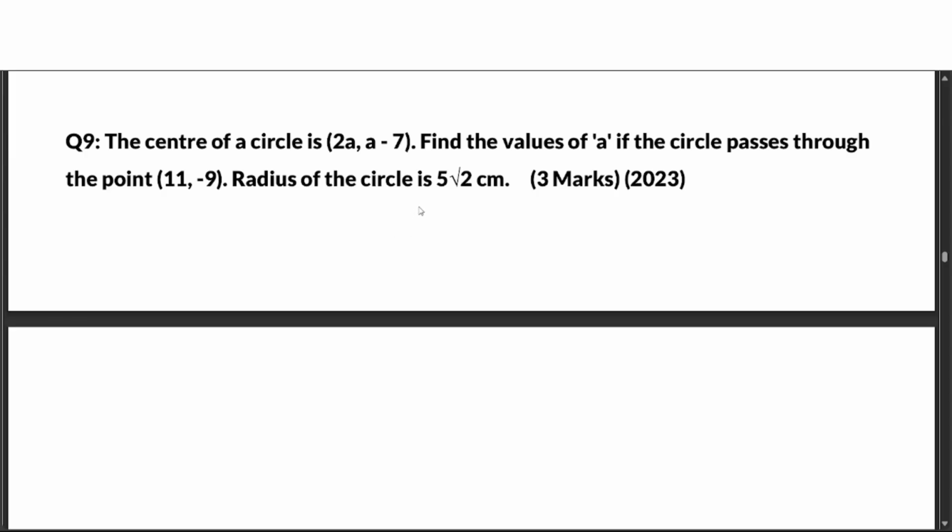So here you can say this is your circle. In this circle we are given O. O means center. So O is given as (2a, a minus 7). Then it is saying the radius.